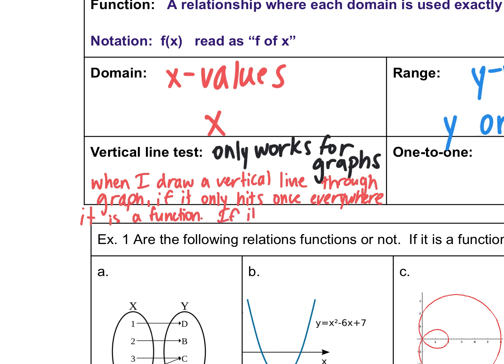If it hits more than once anywhere, not a function. Writing it out just to say that I did. This video will get posted on Canvas, so if you ever need to refer back to this, you can.